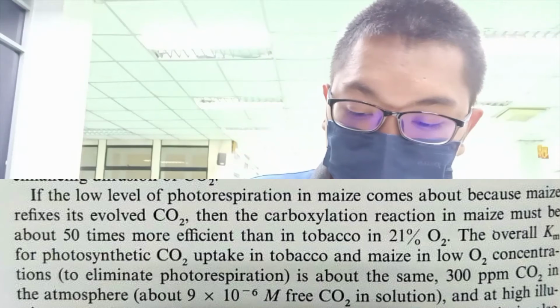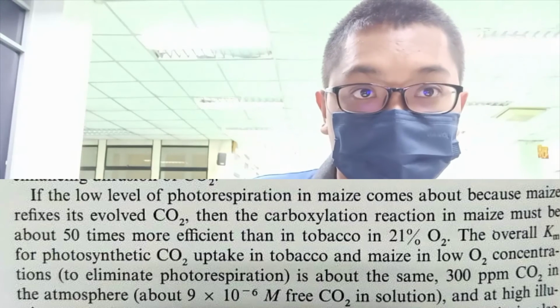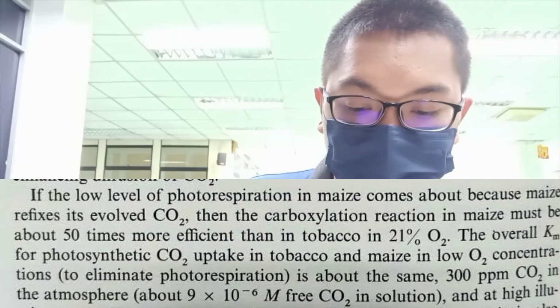For example, the low level of photorespiration in maize comes about because maize refixes its evolved CO2. Then the carboxylation reaction in maize must be about 50 times more efficient than in tobacco in 21%.